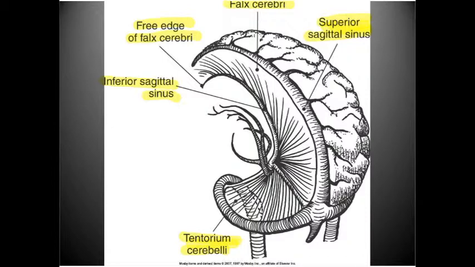Here we have another view of the brain, and this is depicting the tentorium cerebelli and the falx cerebri. As you can see, this is cerebrum here, so this would be our right cerebrum, and this would be our left cerebrum, with this being posterior and this being anterior.